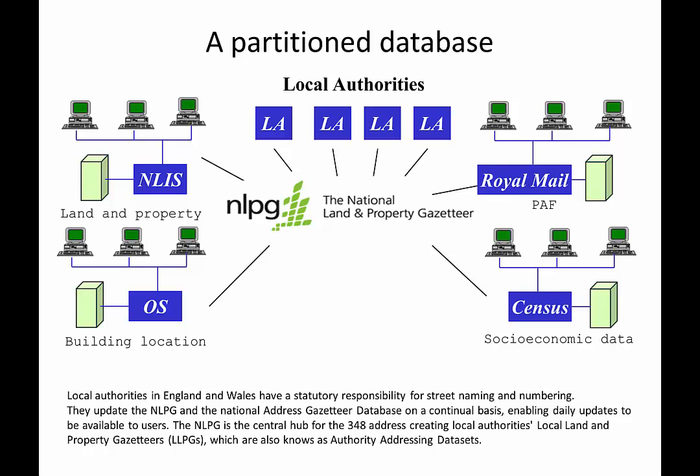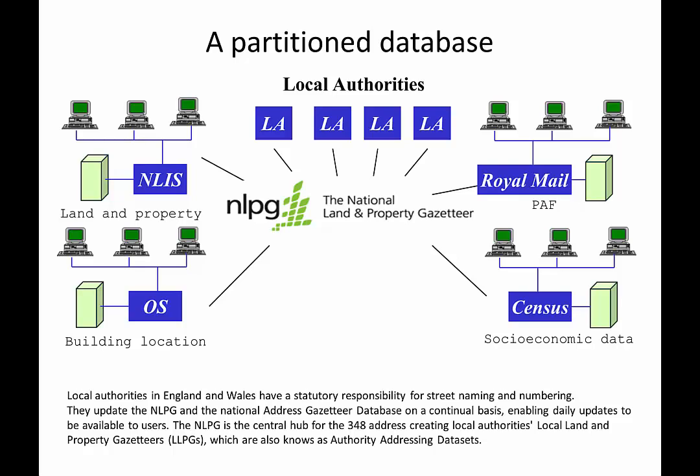And then it integrates into a single system called the National Land and Property Gazetteer. So there's information on land and property from the National Land Information System, building location data from the Ordnance Survey, socio-economic data from the census, and the postal address files from the Royal Mail.